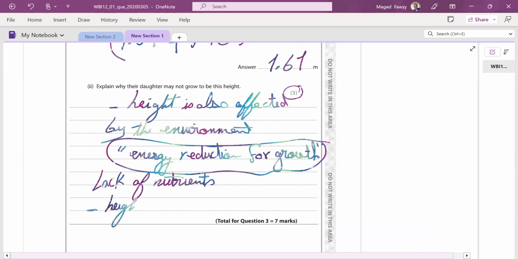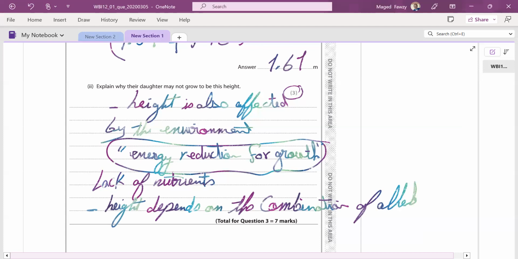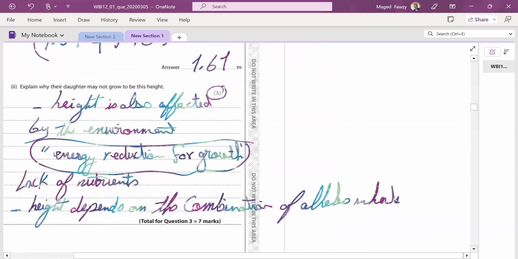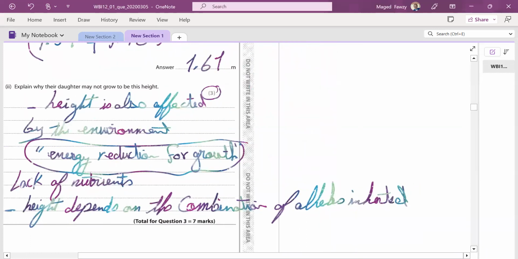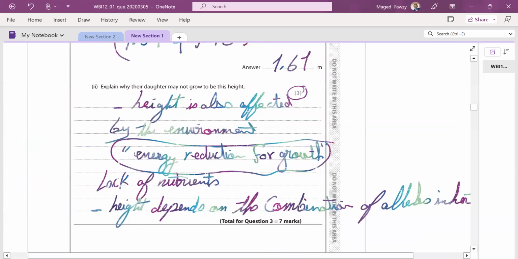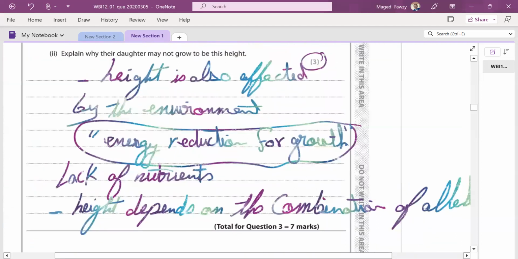So height depends on the combination of alleles inherited. Next question.